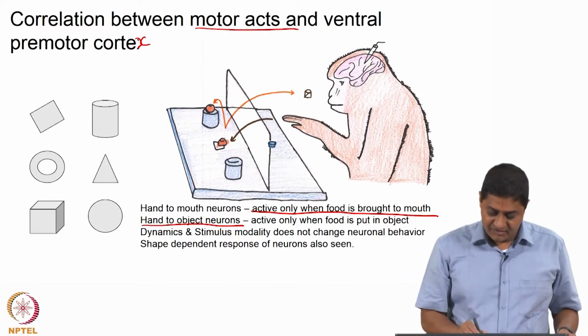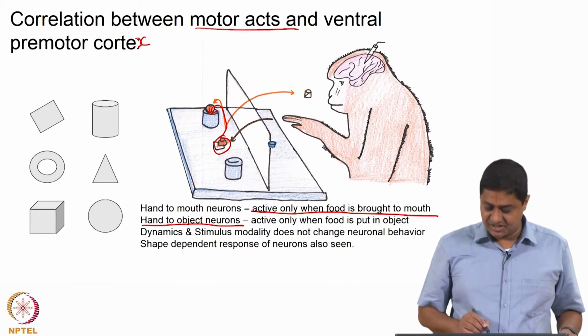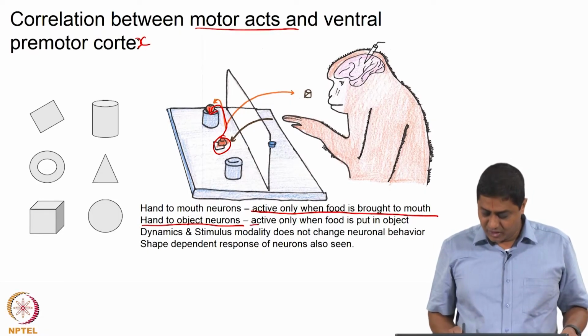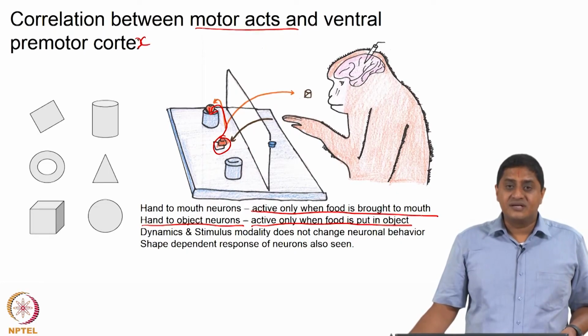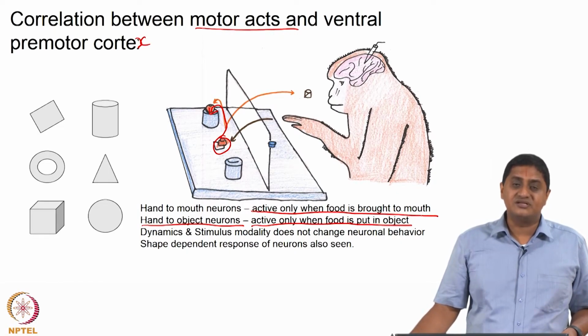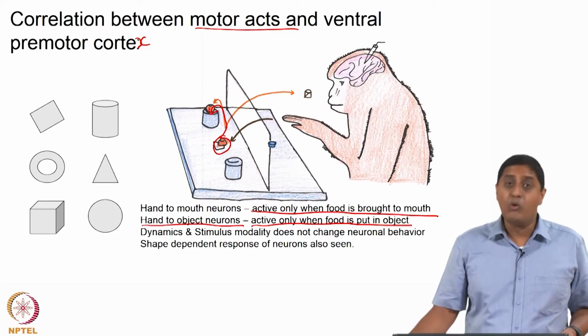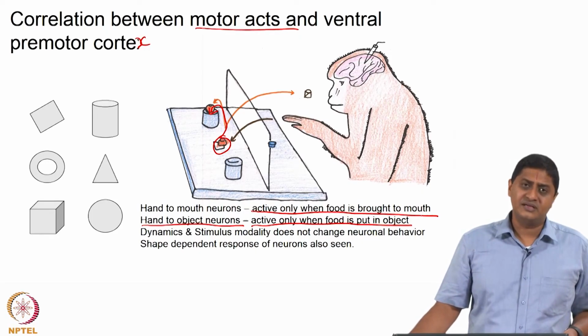For example, if this is a food source, transport from here to a different destination involves hand to object neurons. So, dynamics and stimulus modality do not change the behavior of neurons. Essentially, it is not the kinetics or kinematics of the movement that dictate the activity of these neurons.